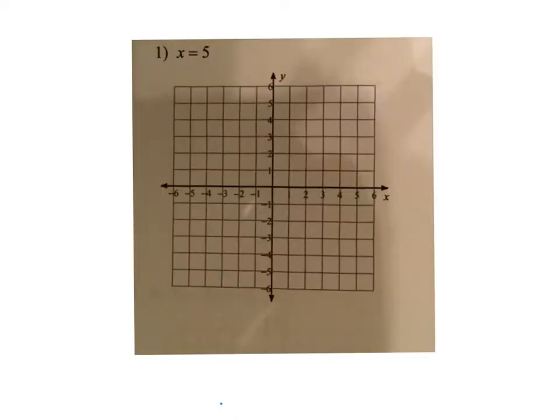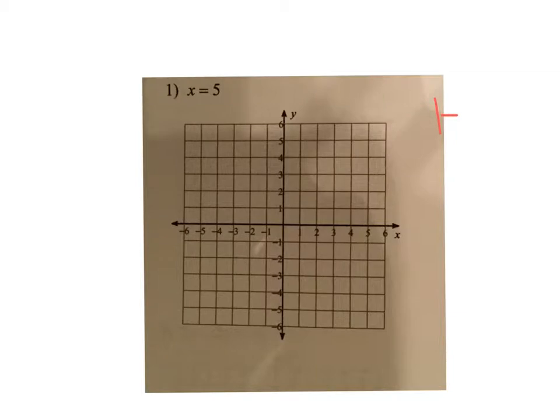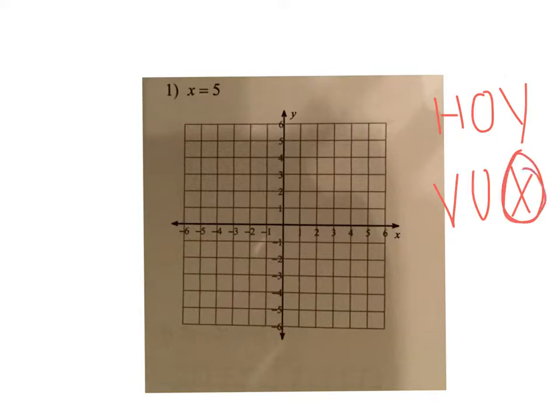Okay, so number 1 just says that x equals 5. So there's no y. So let's think about this. Is this a HOY or a VUX? It's a VUX. The x is right here, so it means it's going to be a vertical line, an up and down line. So it says that x equals 5, so we're going to go to the x-axis and find 5.